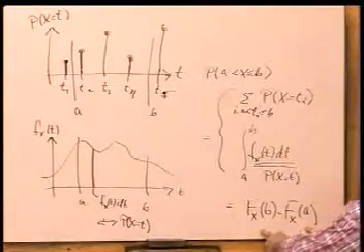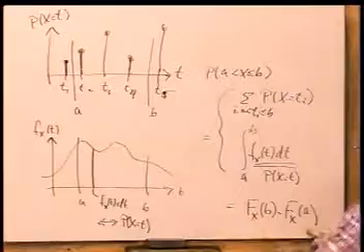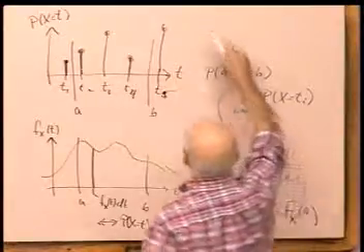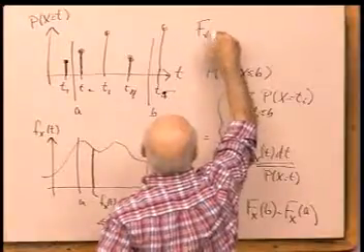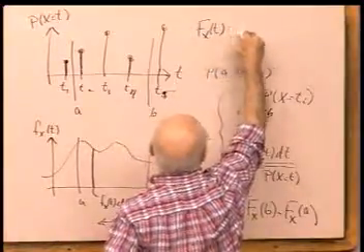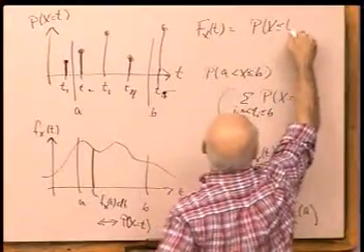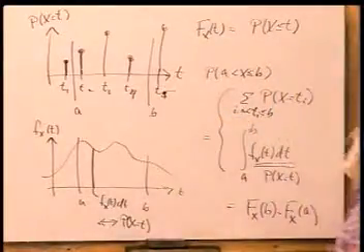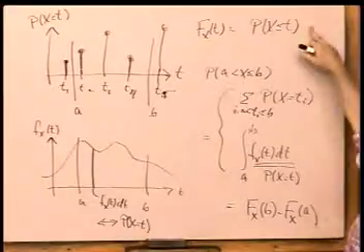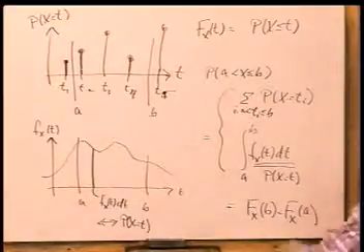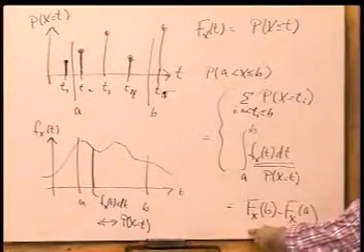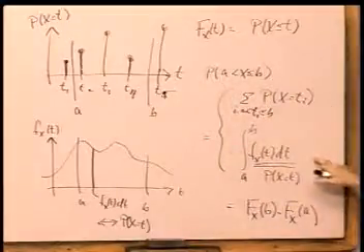That's the fundamental theorem of calculus. And remember what F is: in general, capital F of t is the probability that X is less than or equal to t. So if we define this in every case for discrete or continuous, then this formula works whether we're talking about the discrete case or the continuous case.